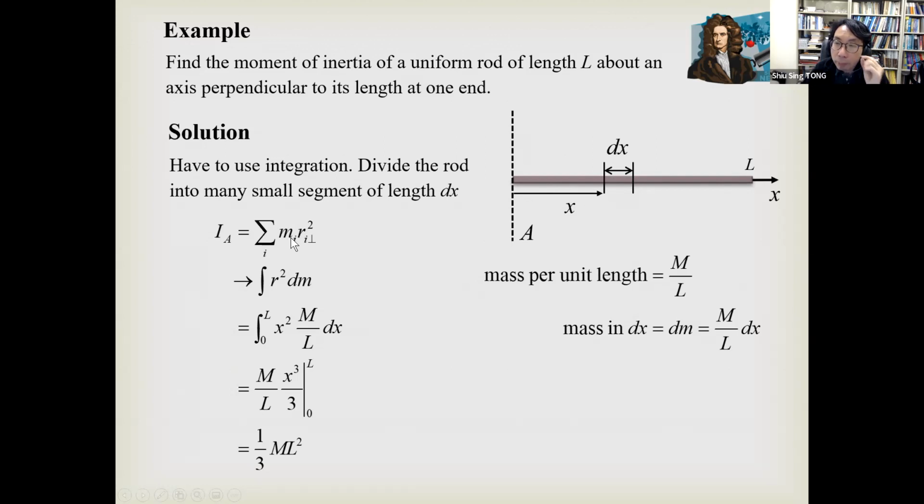And so it becomes a very small amount of mass. And in the integration symbol, we denote the delta m by dm. So that the summation of m_i r_i squared now becomes the integral of r squared dm, okay? The integration of r squared over dm, okay?